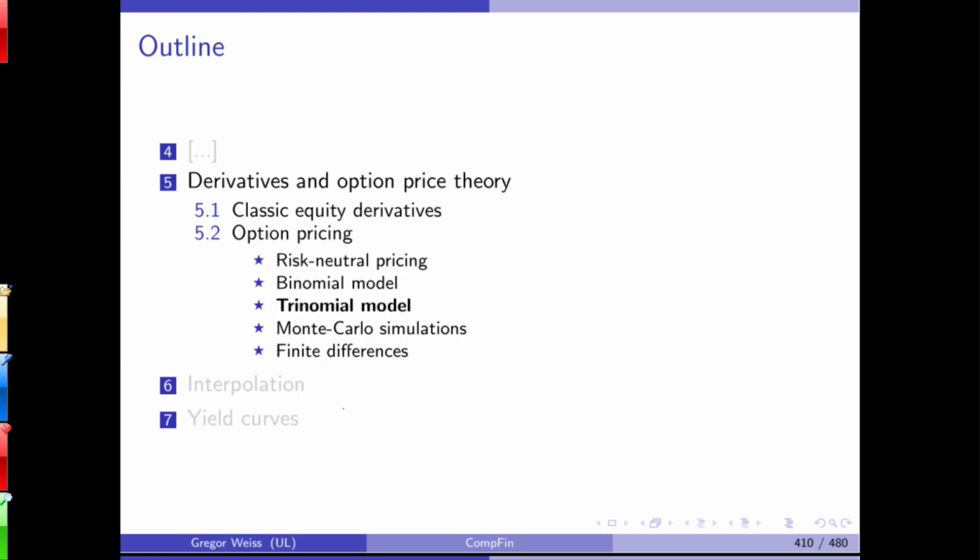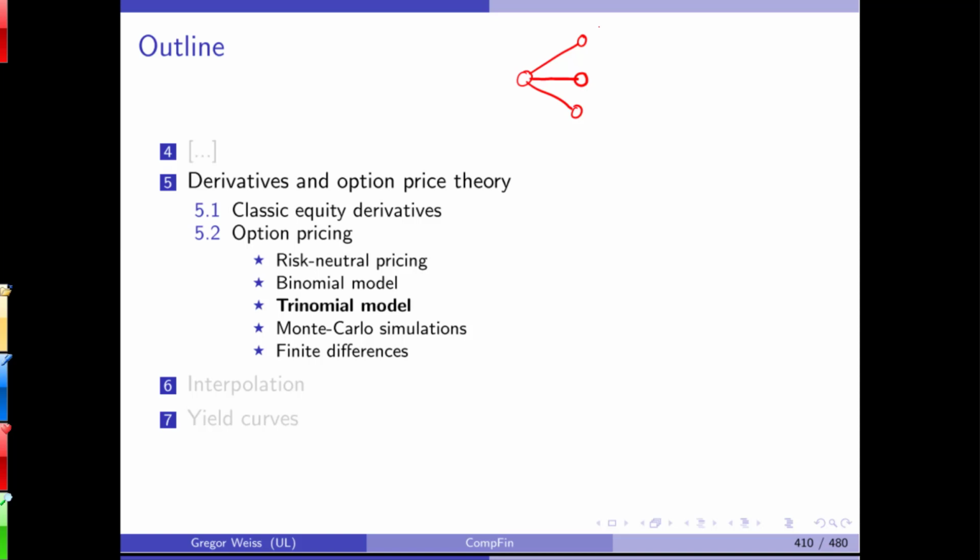So this is a binomial model. A binomial model is very simple, and you can extend it now in the following way. You can use a so-called trinomial model. What is a trinomial model? Well, we've assumed that the stock price can go up and it can go down. Now the trinomial model is very simple. It extends the binomial model by assuming there's a third possibility.